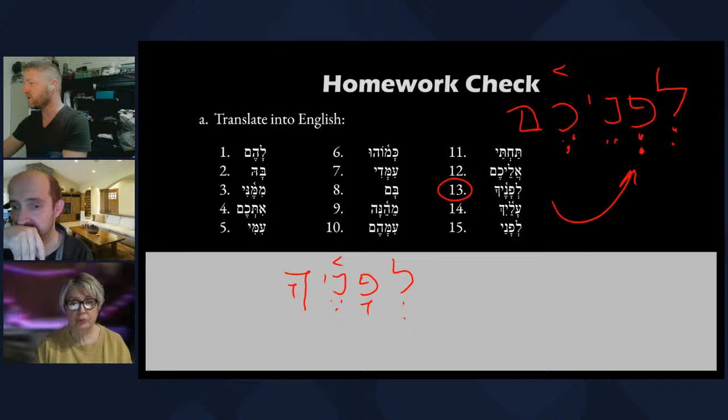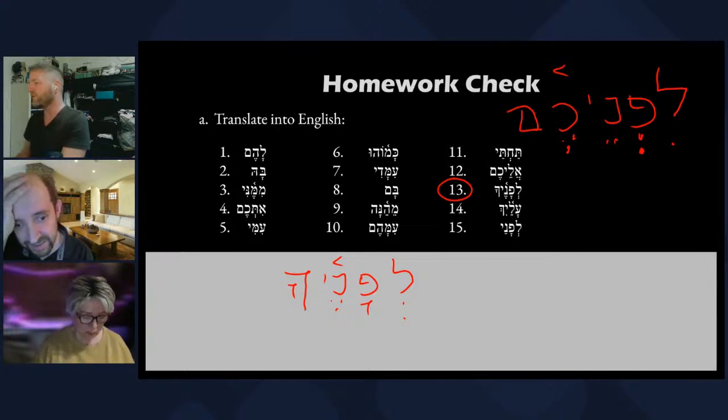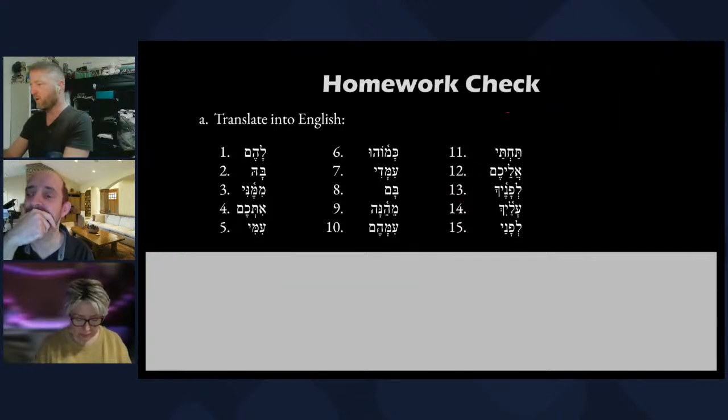This is pnechem, and then we have two shvas in line, so we change one to chirek, and we get lifnechem. And then with the hem and hen, lifnehen. I know that's a weird one.